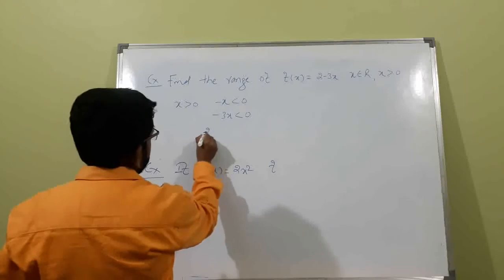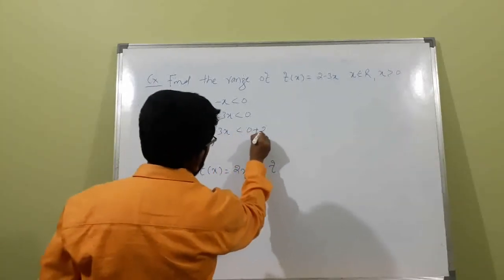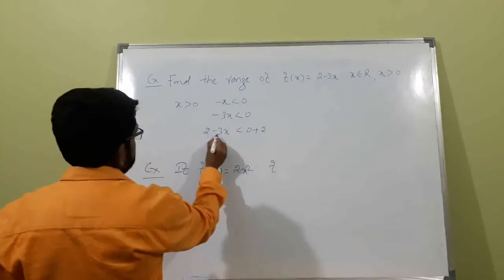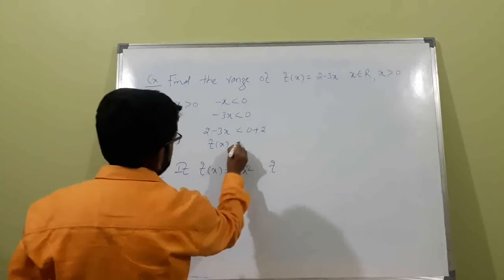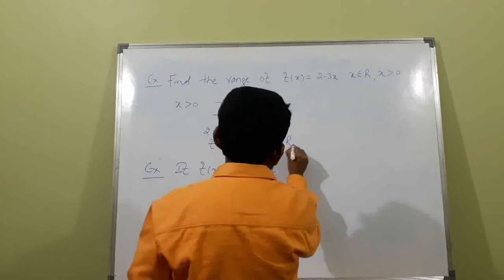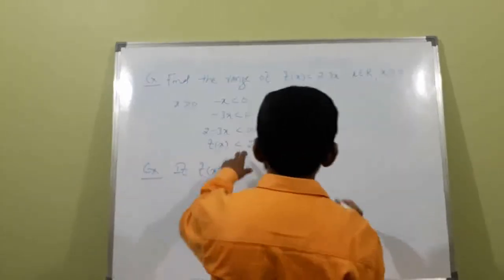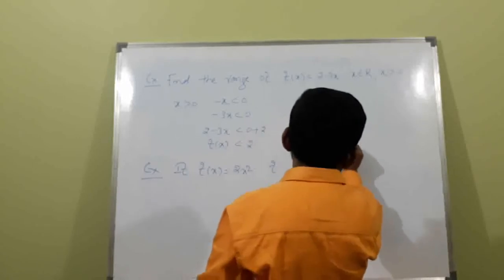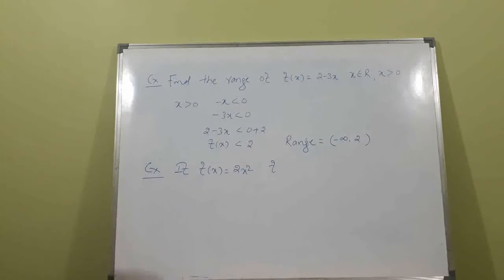If you add 2 on both sides, this is 0 plus 2. So 2 minus 3x, that is nothing but f(x), is less than 2. So range for f(x) is less than 2, meaning minus infinity to 2, both open interval.